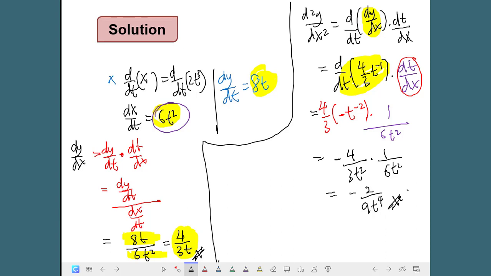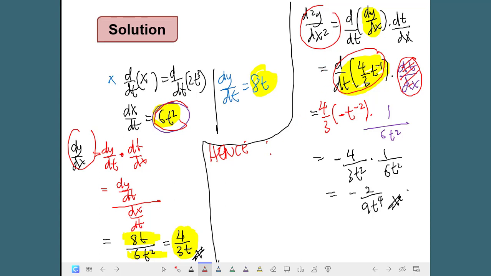You need to differentiate this function in parameter t with respect to t, and that is already done, so for this part you just take the value and substitute. Hence, find dy/dx and d²y/dx² when t is equal to 1.